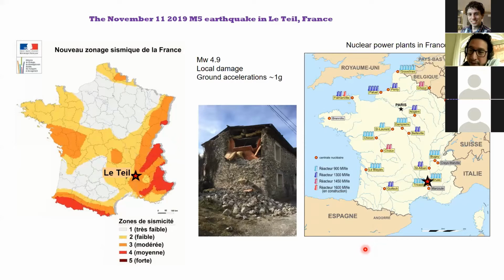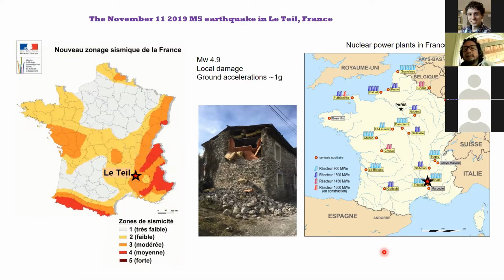Nothing bad happened, fortunately. The design accelerations were not exceeded in those nuclear plants. But if this same earthquake occurred in the future on a fault much closer to any of those plants, and with similar accelerations, that would be very bad news for these facilities.